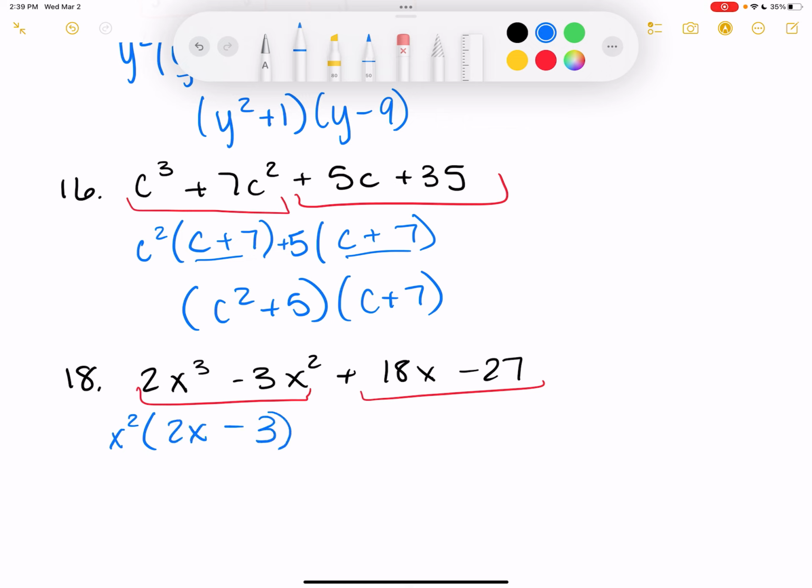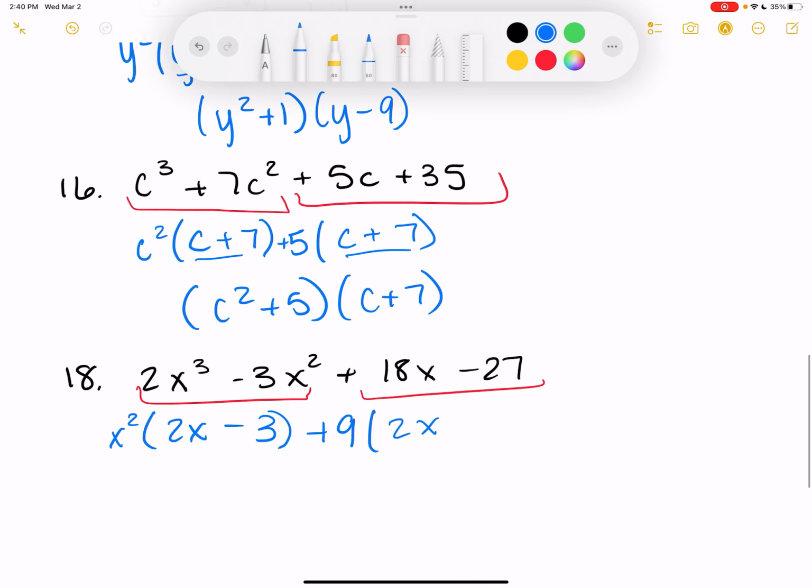And what can I take out of this one? 9. What does that leave you with? 2x minus 3. So then my answer is x squared plus 9 times 2x minus 3.